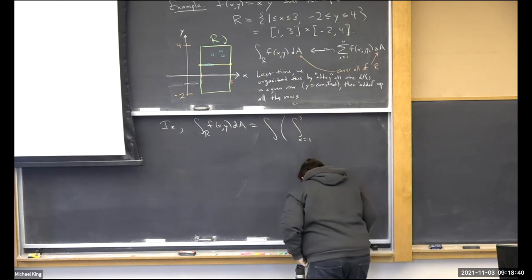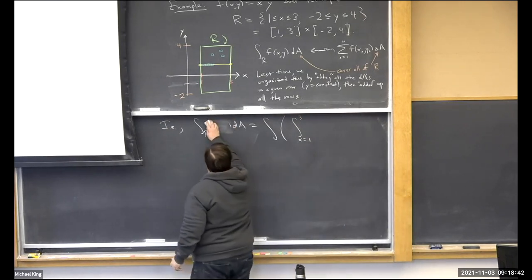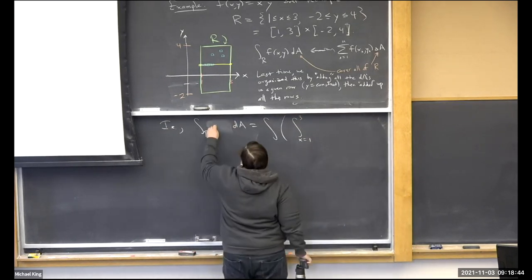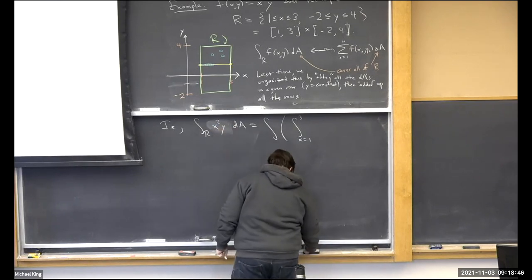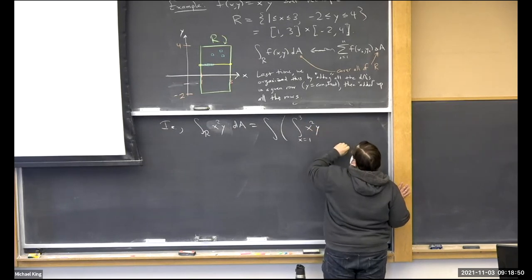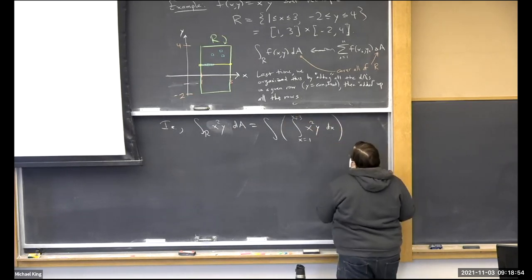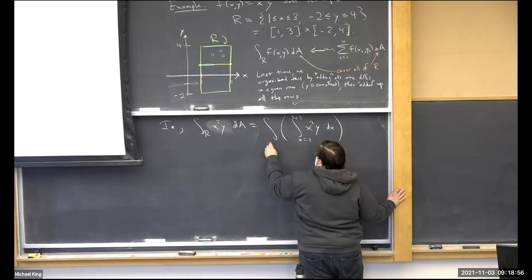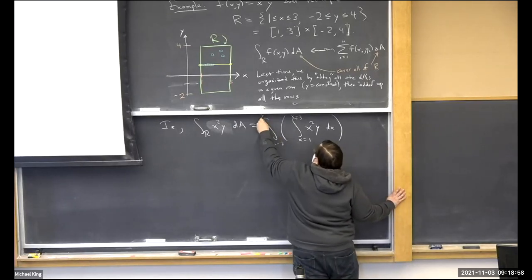I guess this is the function x squared y. I could go ahead and put the function in. So that's x equals 1 to x equals 3 dx. And then we did y equals -2 to y equals 4 dy.